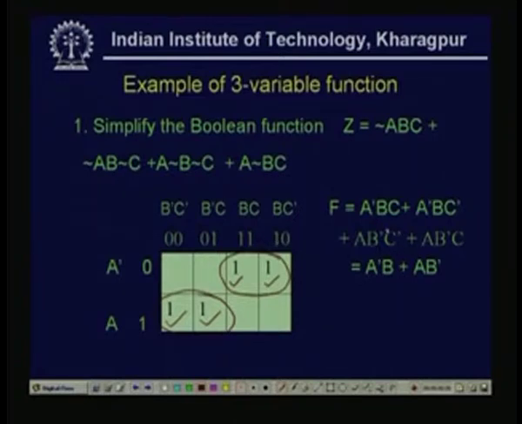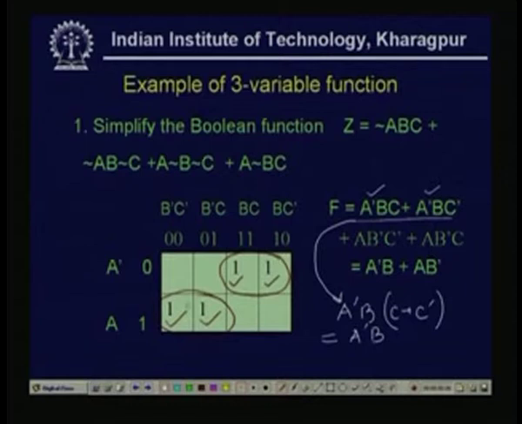In other words, if I write the min terms of the first couple, this will be a bar b c and a bar b c bar. If I take a bar b common, then c plus c bar, and c plus c bar is nothing but 1. So, this will be a bar b.